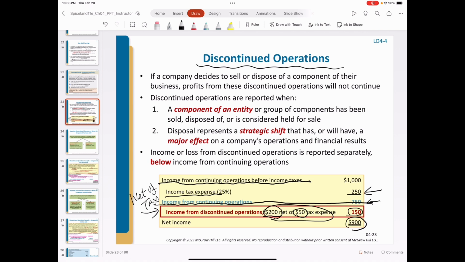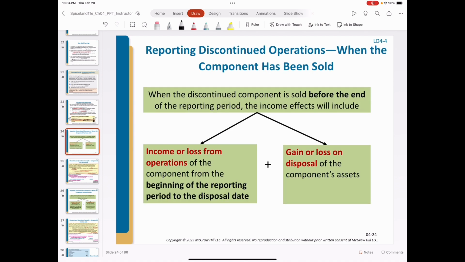And we know the company won't discontinue their operation every year, right? So this only happens when the company has a strategic shift or change, which has a quite material impact on the company's operation and their financial position. And this section reports two components. One is the income or losses from operation of these discontinued components or subsidiaries.